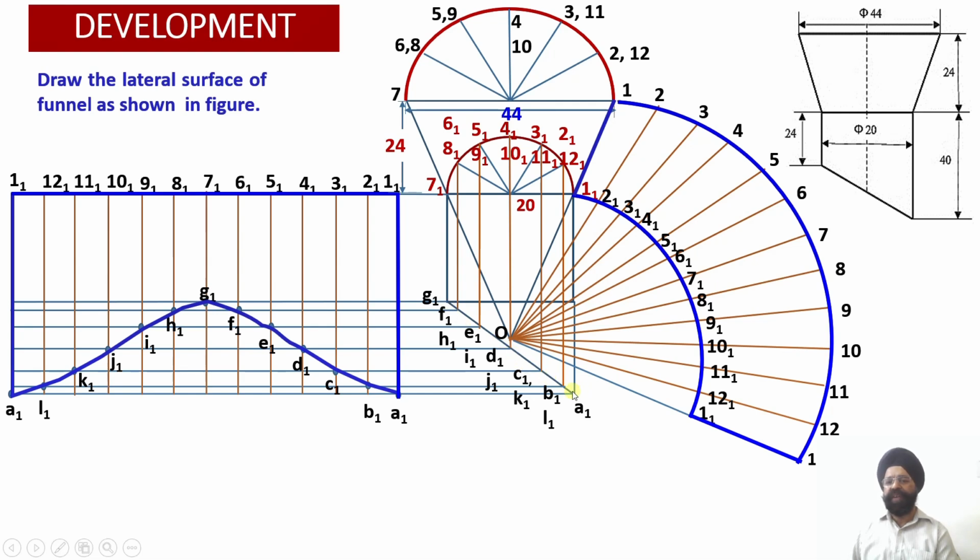So this is a versatile problem where projections of solids, sections of solids, and both methods of development have been used simultaneously to develop the lateral surface of this truncated solid, right?